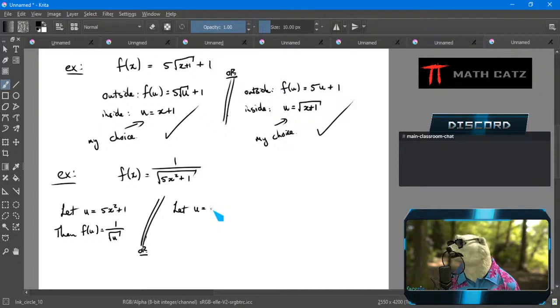I want a definition of u. Maybe you have the right idea, but what you wrote there, I haven't defined u. I need to define u in terms of x as my inside function. So we need to start with that. So maybe you want to update what you wrote, maybe not. Can I see another choice for an inside function?